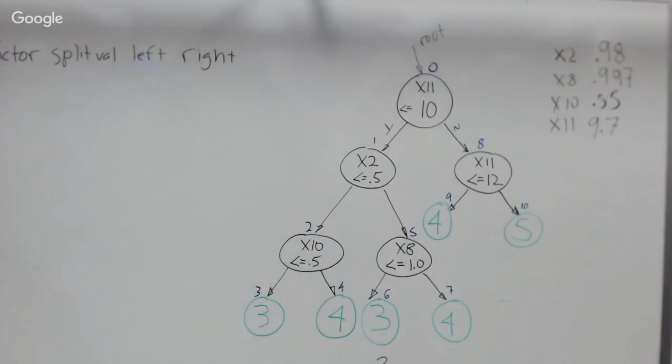Each row in this ndarray corresponds to one of our decision nodes or a leaf.